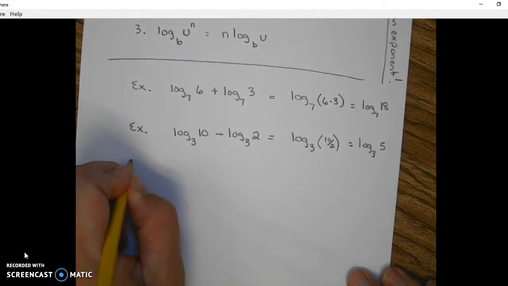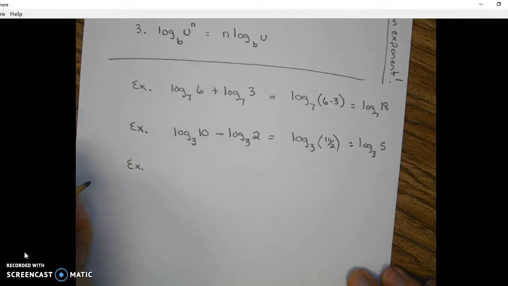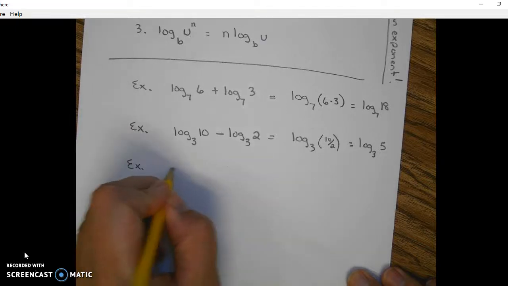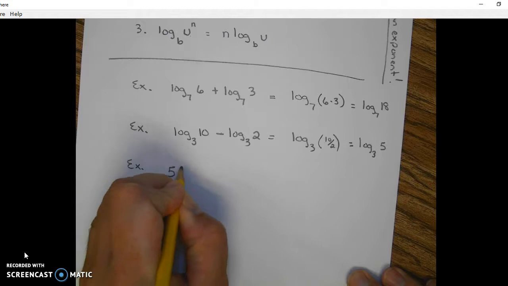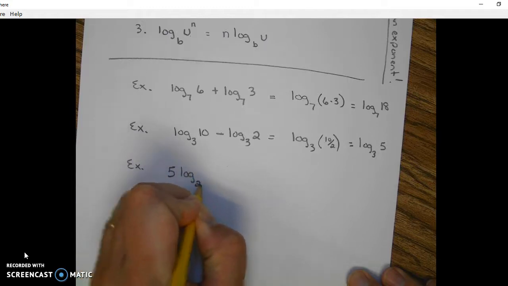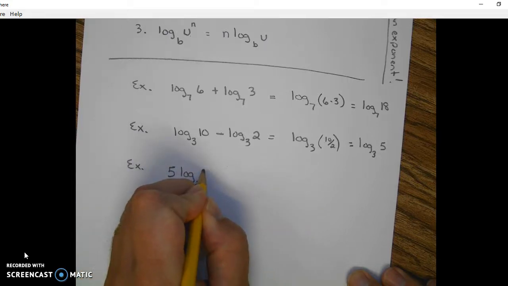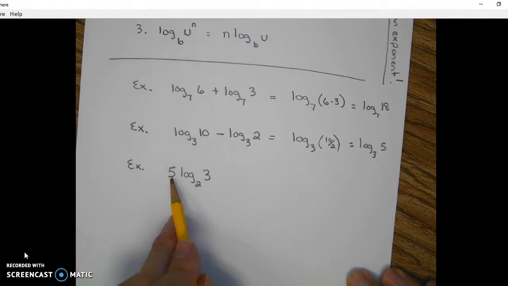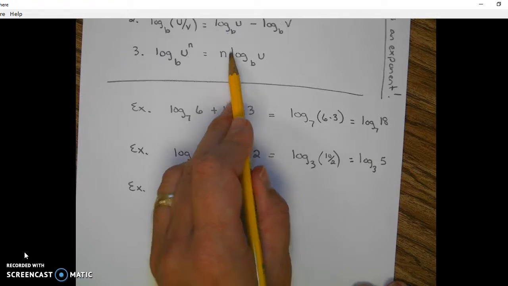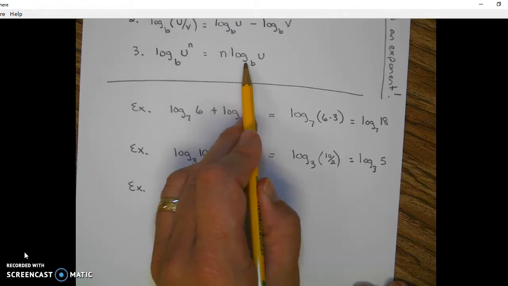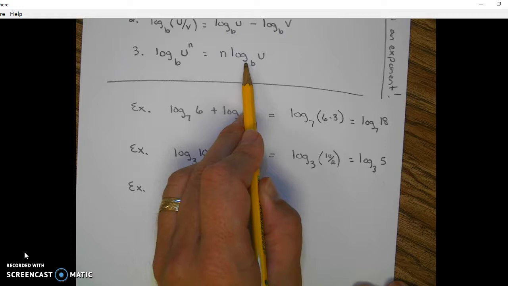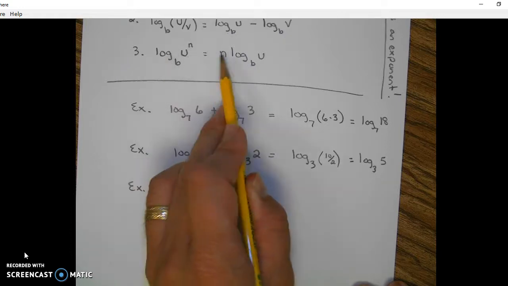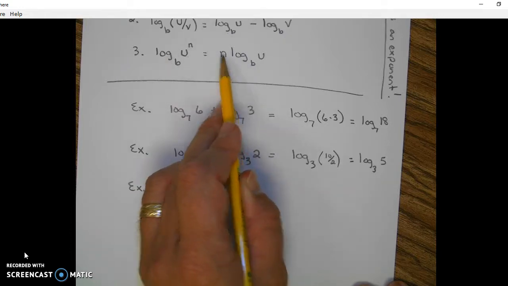Okay, let's look at the third property. Let's say we have 5 times log base 2 of 3. What we want to do here is we have some number times a logarithm, so we want to go from this to this. Where does that number go? That's correct.